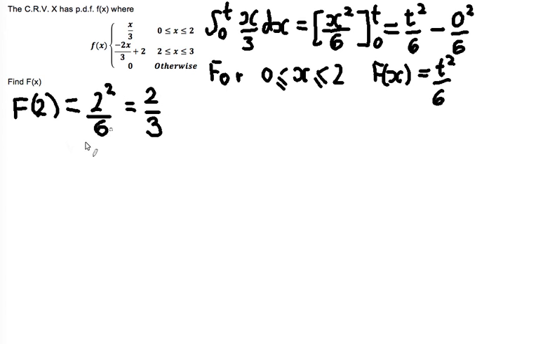Now we have to take that into account when we find the cumulative distribution function for the range 2 less than or equal to x less than or equal to 3.